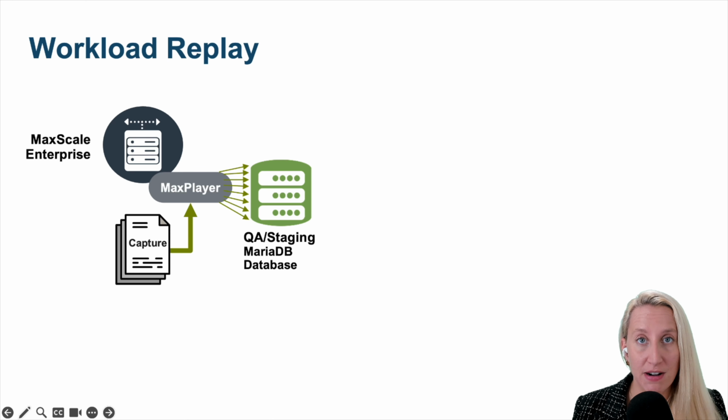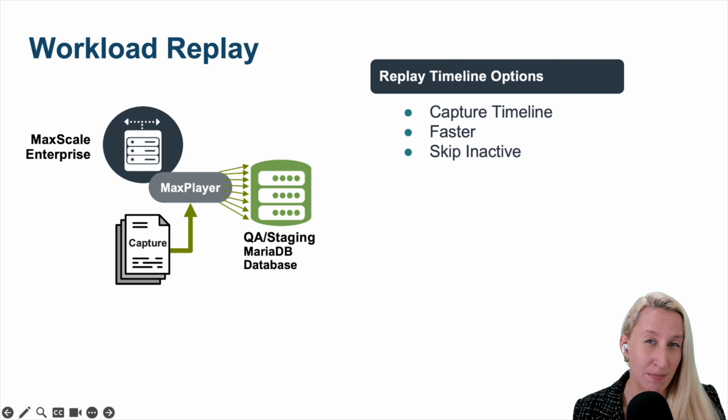So as we're preparing to replay, we actually have some options to choose from. We can change the timeline of the replay. The capture timeline can be faster, it can be the standard time that executed in production, or you can choose to skip inactive periods and run through it.